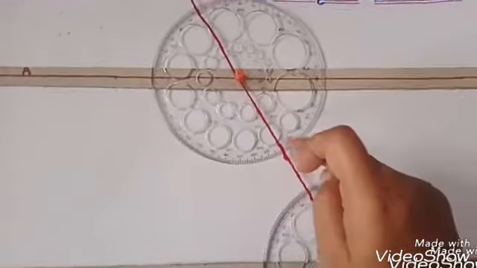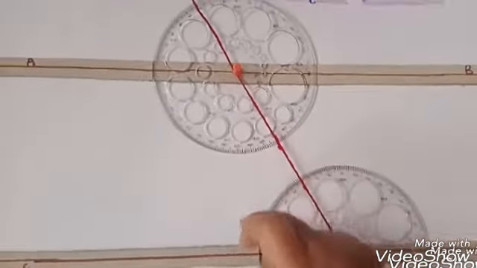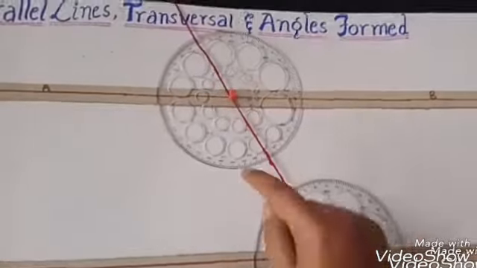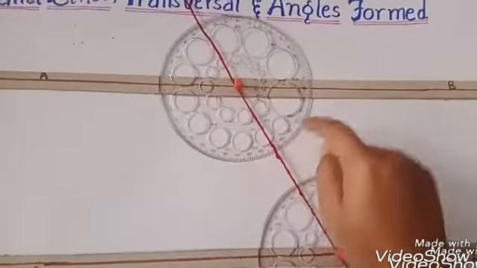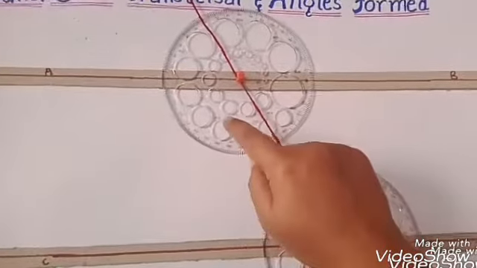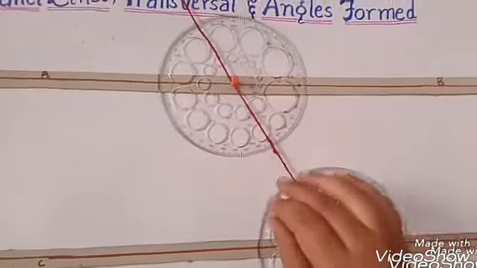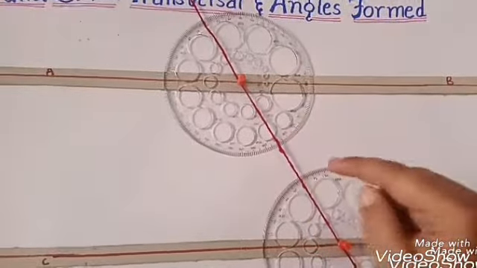Here again we have 60 degrees and this side 60 degrees, so these two are alternate interior angles and are equal. Since these 4 angles are inside the two parallel lines, we call them alternate interior angles.